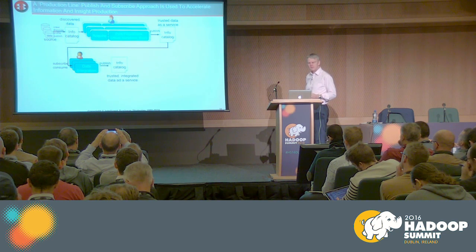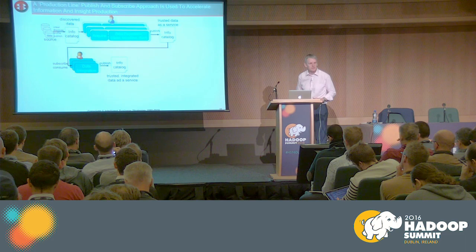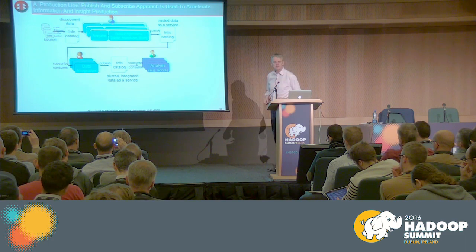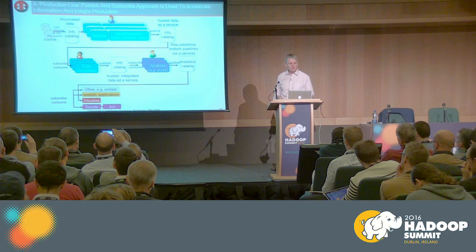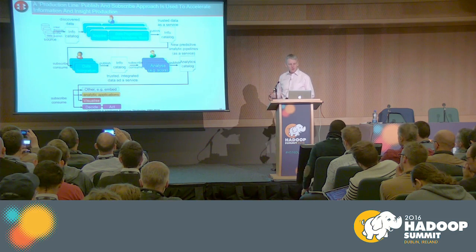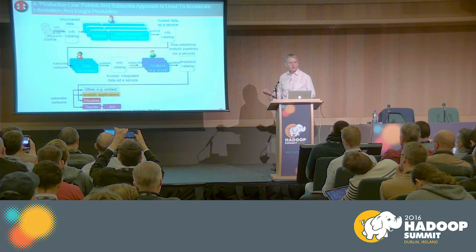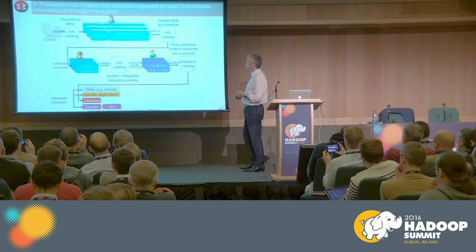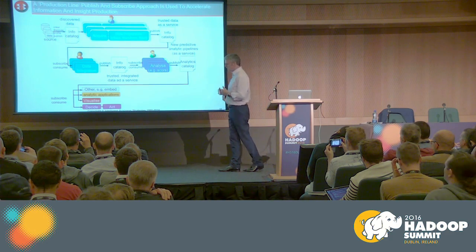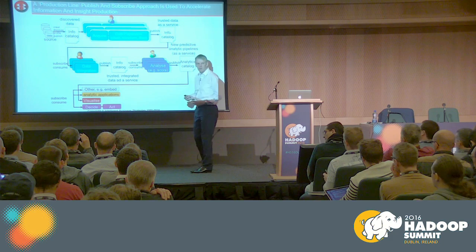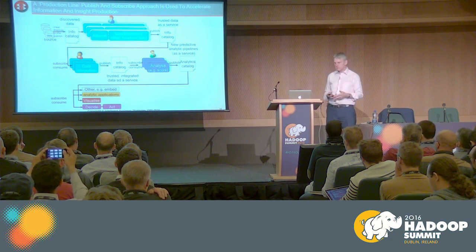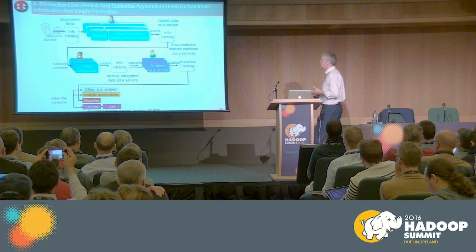Then we get trusted integrated data as a service, and other people can pick that up, analyze it, and publish that. Now we get already analyzed analytical pipelines, reusing as we go along. So we're getting faster at processing the data by facilitating reuse and leveraging the catalog along the way.